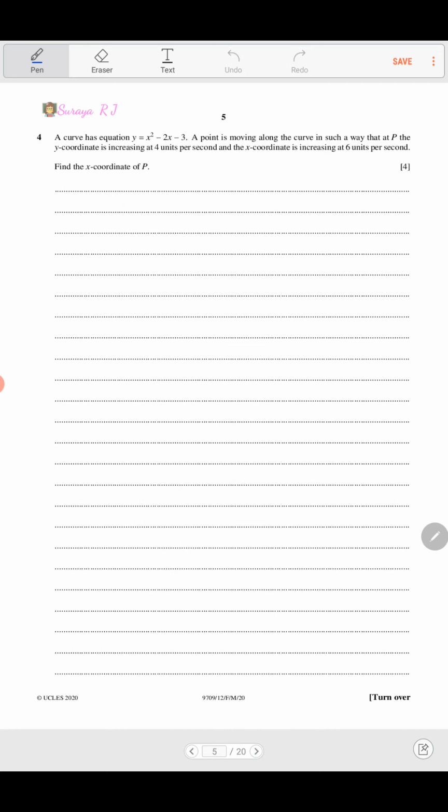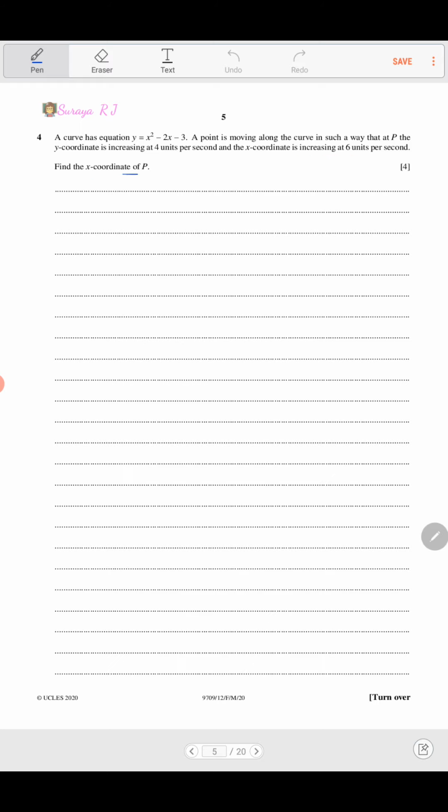Question number 4. A curve has equation y is equal to x squared minus 2x minus 3. A point is moving along the curve in such a way that at P, the y-coordinate is increasing at 4 units per second and the x-coordinate is increasing at 6 units per second.